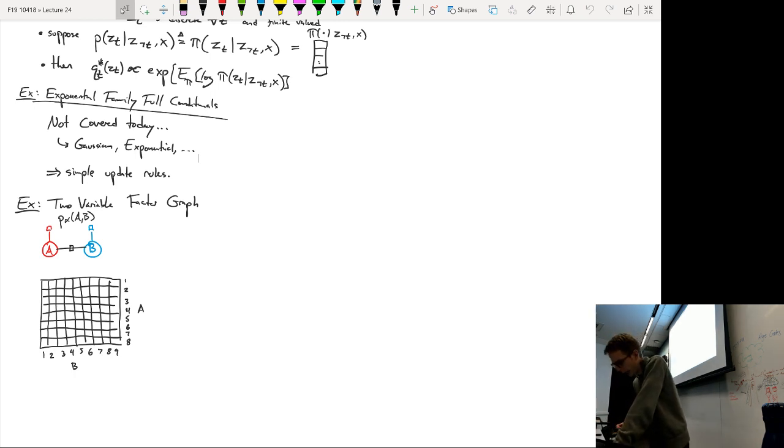Maybe the distribution that holds between these two variables is something like this, where that's the high probability mass region, and everything else is low probability mass. Actually, let's put a little bit more probability mass down in this corner.